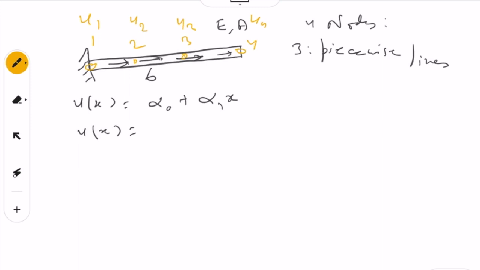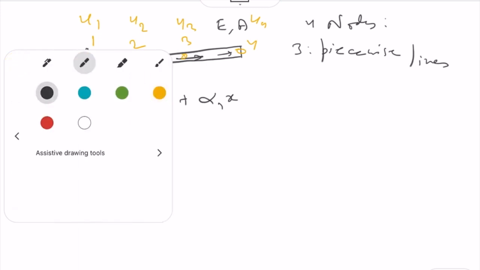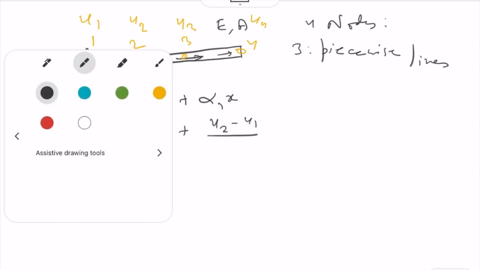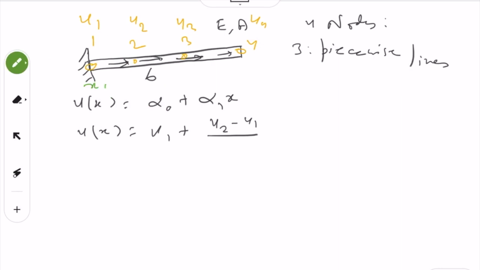The coordinates are x1, x2, x3, x4. These are the nodal coordinates.